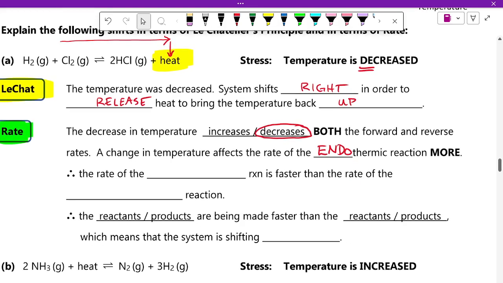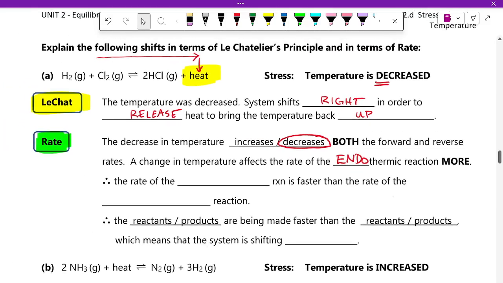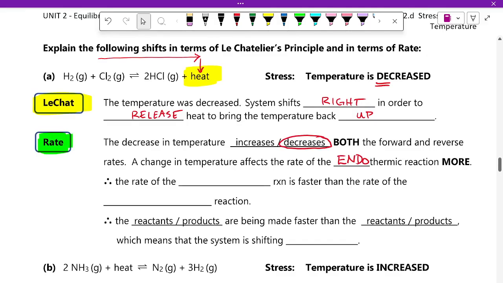Endothermic reaction more. What I would do at this point, because I have trouble getting that through my head, is say, okay, here's my endo.